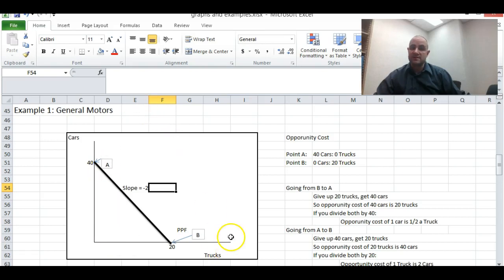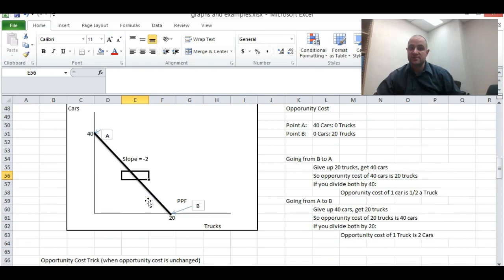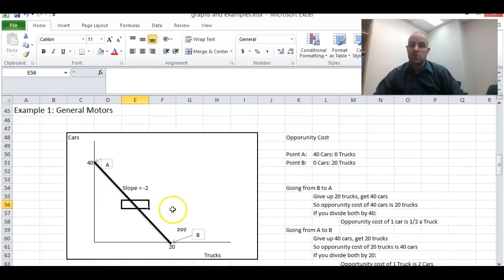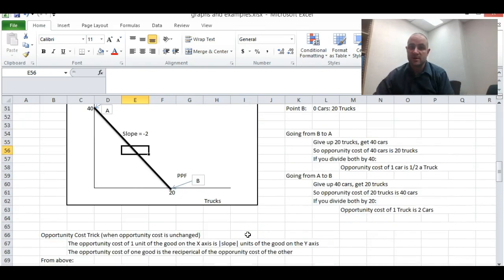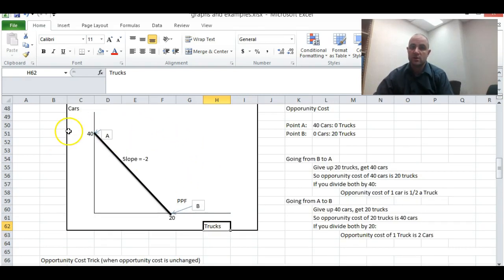Minus 40 over positive 20, minus 2. So that's the slope. The opportunity cost of one truck equals the absolute value of the slope, which is minus 2, so it's 2 cars. The opportunity cost of one truck is 2 cars.